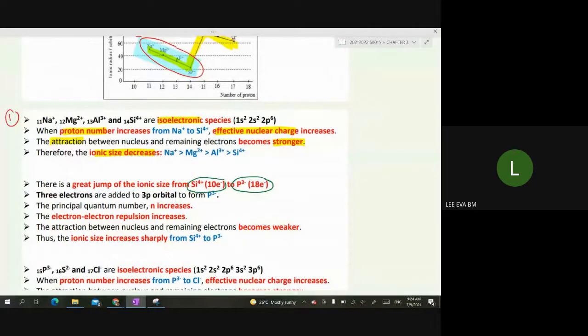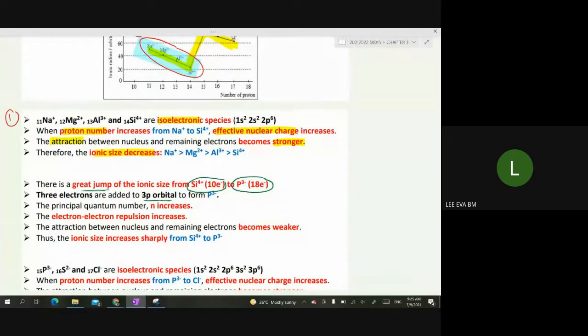Okay, so there is a great jump of the ionic size from Si4 positive, 10 electrons, to phosphorus 3 negative, 18 electrons, because there are 3 electrons added to the 3p orbital in P3 negative. Okay, if you don't want to mention 3p, no problem. You just mention there are extra 3 electrons in P3 negative.